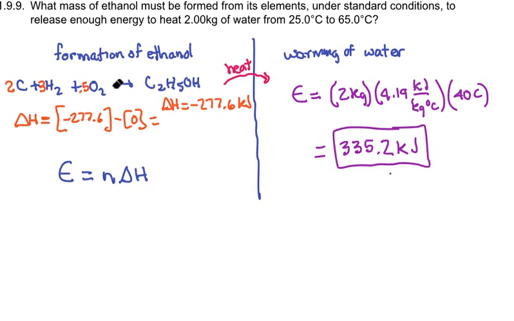Could I have doubled all this to get rid of the decimal? Sure. Then I would have 555.2, I think, per 2 moles of ethanol, and you'd get the same answer. It would just be a little more painful.